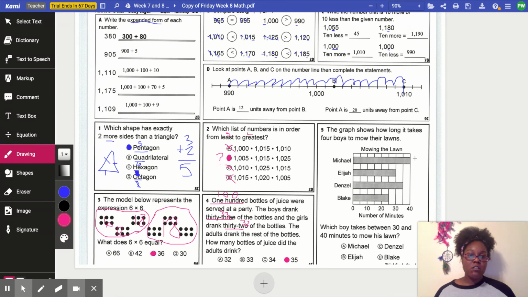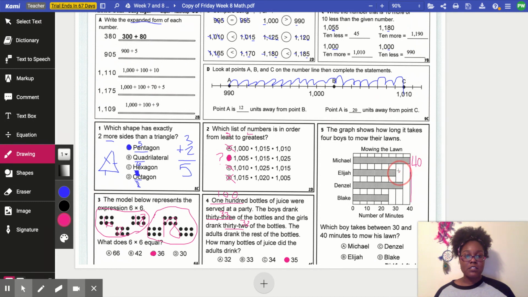So Michael, we always look at our scale and it tells us what we're counting by. This one is counting by tens, but in between each 10 is a 5. So this would be 5 here, 10, 15, 20, 25, 30, 35, 40. So Michael, you bring this line all the way down and he has 40 minutes.